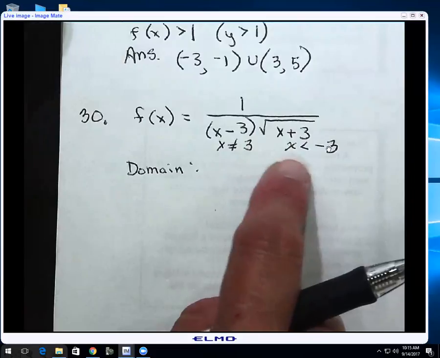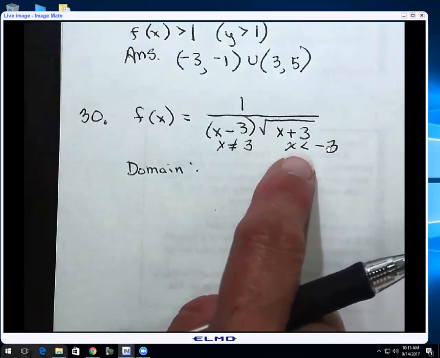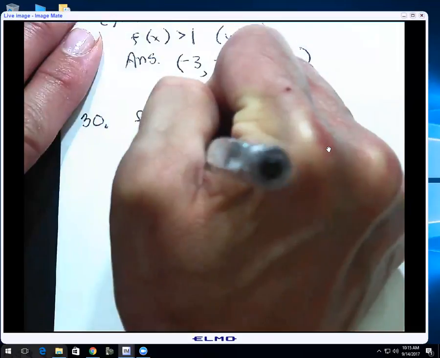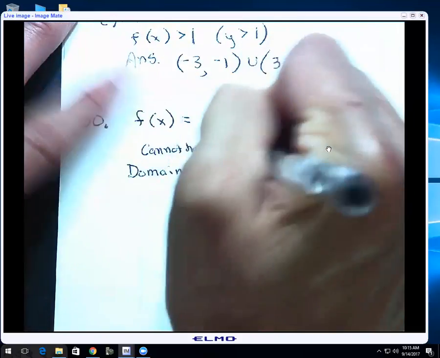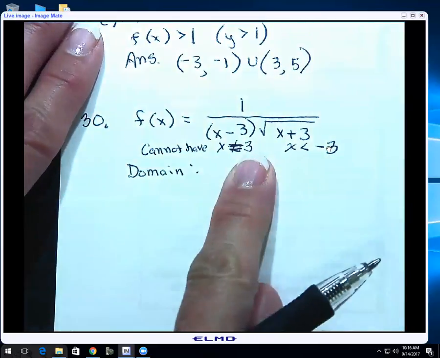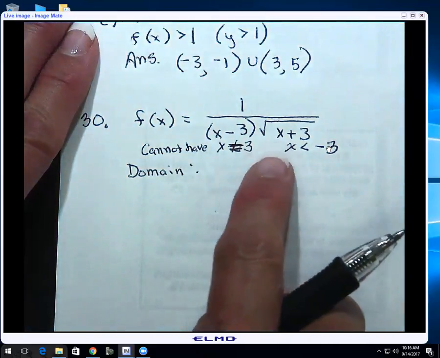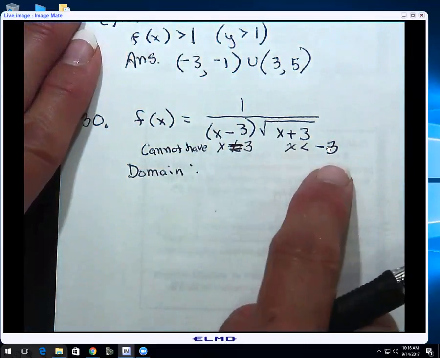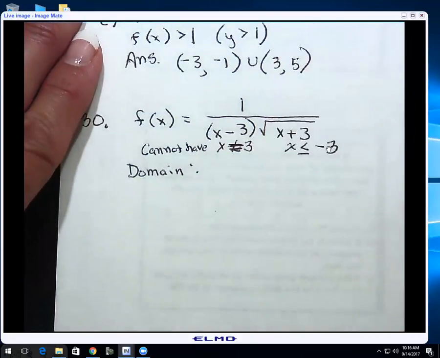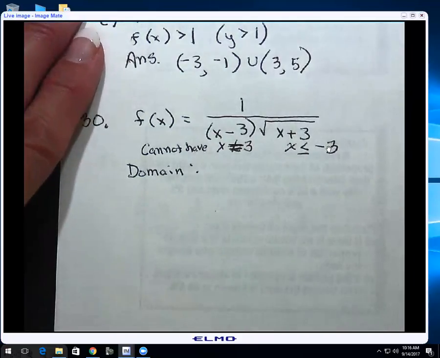Can I use -3? Well, no. Because that would still give you 0 in the denominator. So I cannot, let's see, if I say cannot have, then that needs to be an equals. I cannot have x equals 3, and I can't have x less than -3, or even x equals -3. So how do I write the domain if those are the values that are excluded?